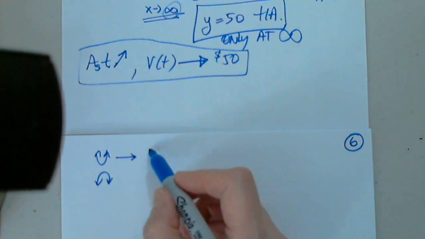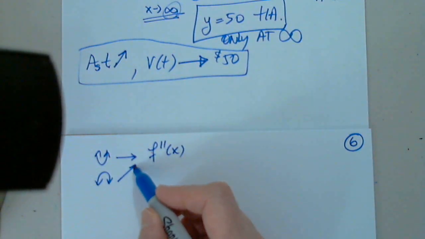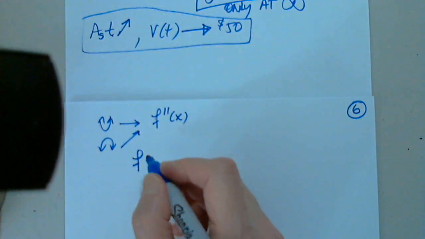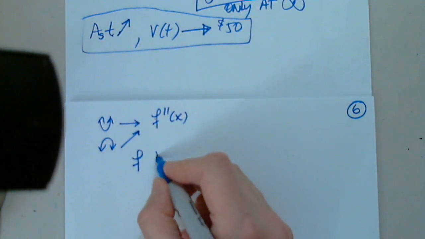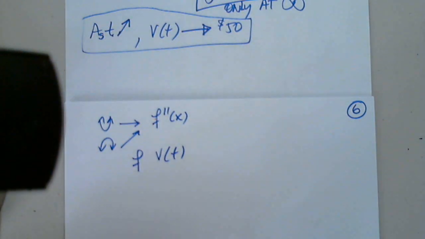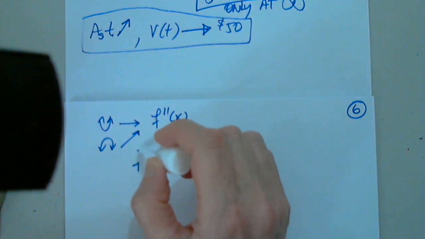Is it you have to find f double prime of x? Yes, and study the sign in both cases. Good. So we have to find, of course, v of t, sorry. But yes, the general v, the general f, which in this case, we are using v this time. So I don't want to confuse you, it's v.